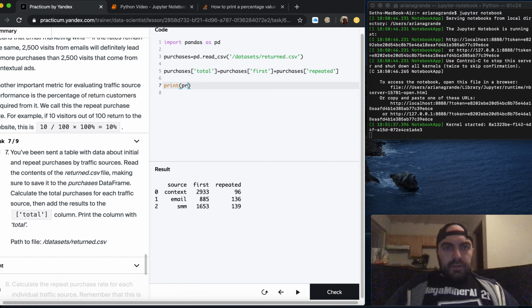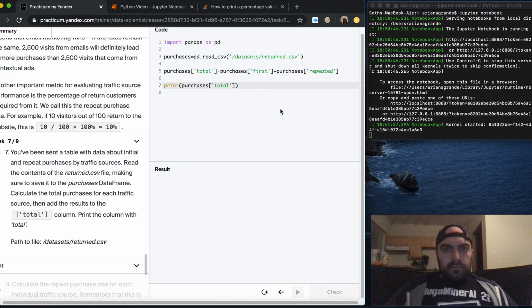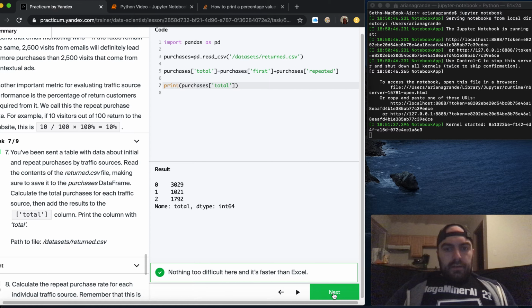Print purchases total. Okay, we check that. That's correct. Next.